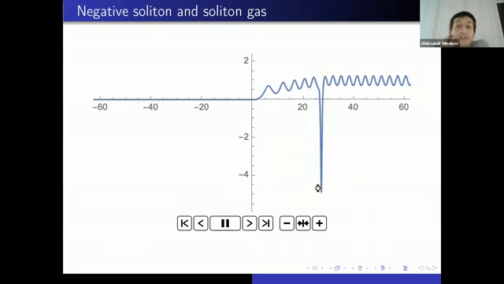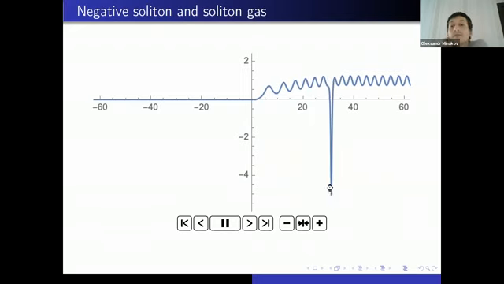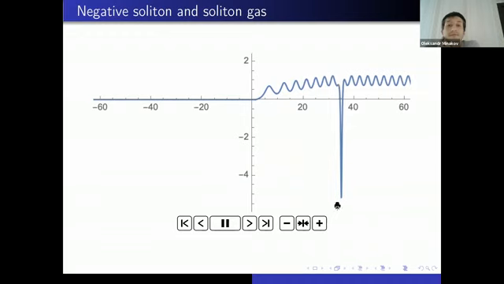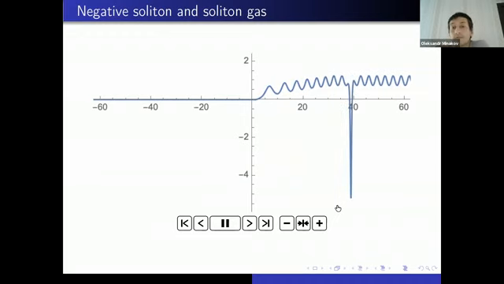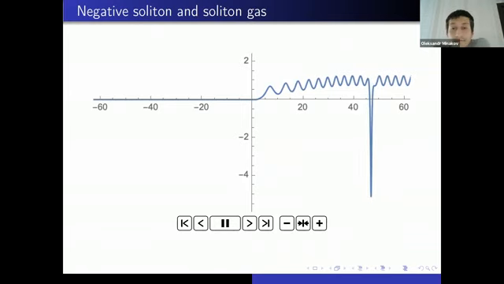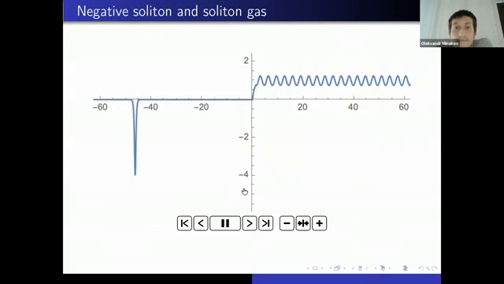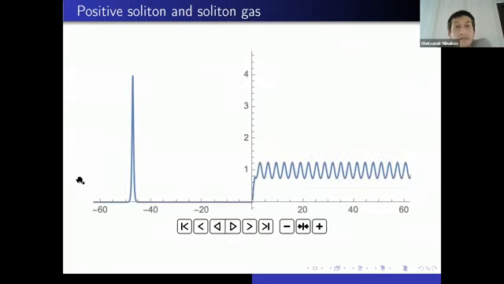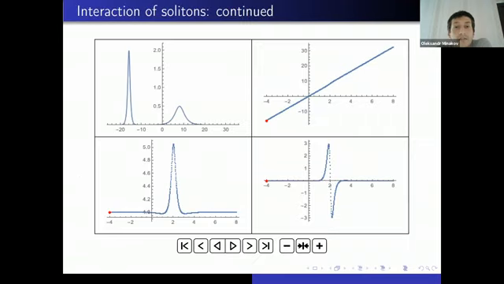Here we see that this peak becomes smaller and bigger when it interacts. And we saw the same for the situation with the positive soliton.